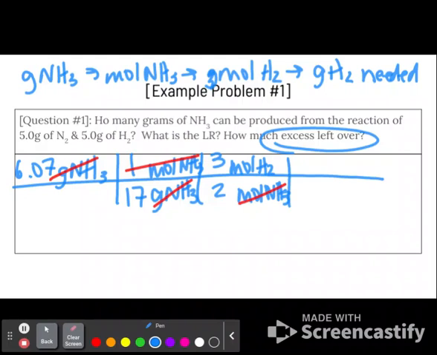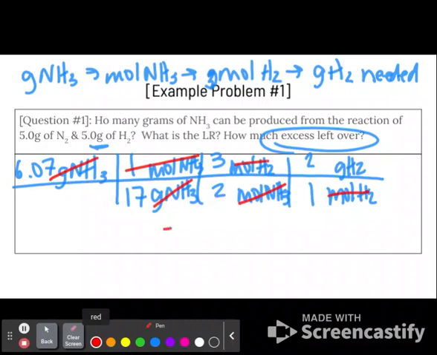There we go. So then we go from moles of H2 to grams of H2, and we use grams of H2 because we were given grams in the original problem. So 1 mole of H2 is always 2 grams of H2. Cancel our units there.